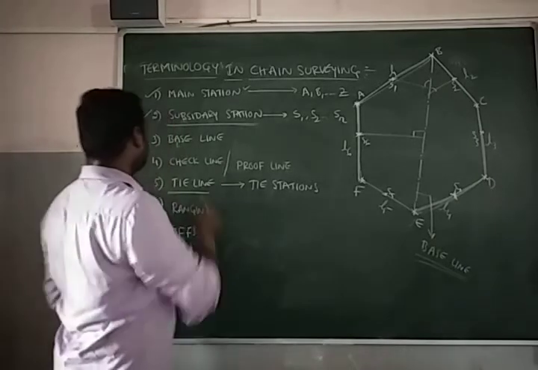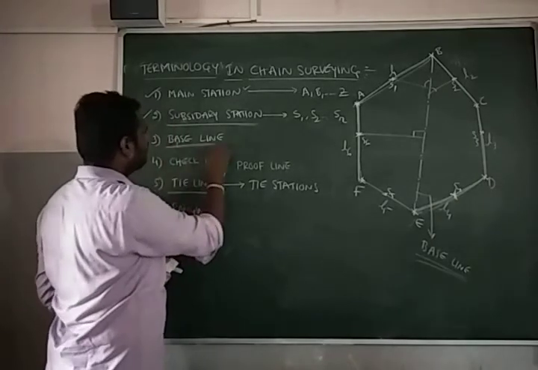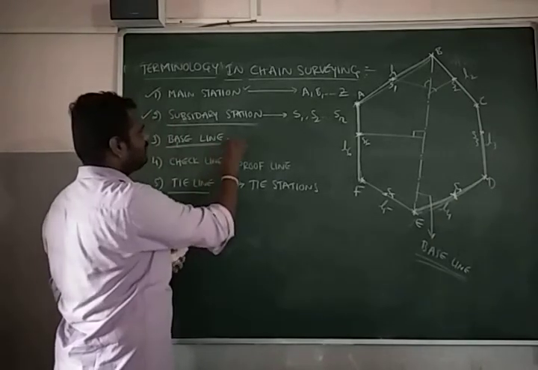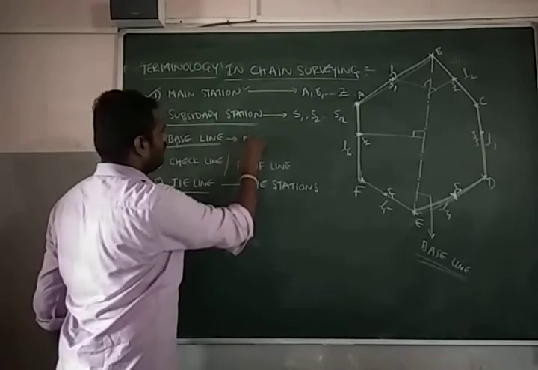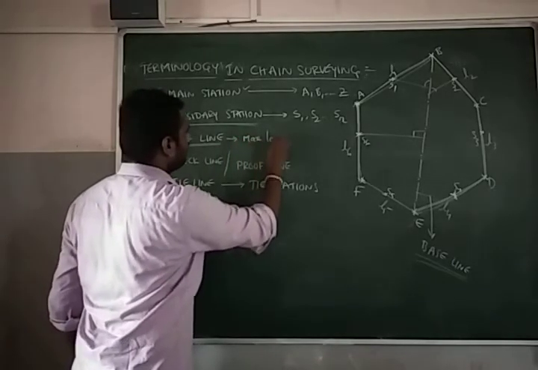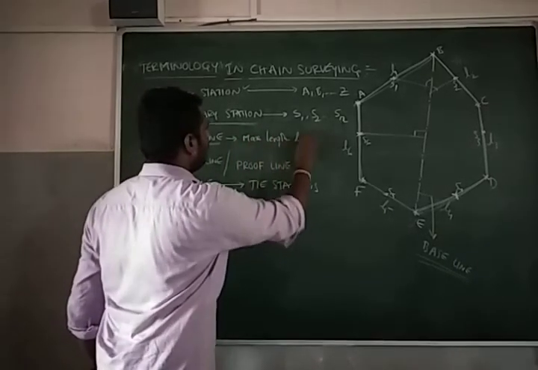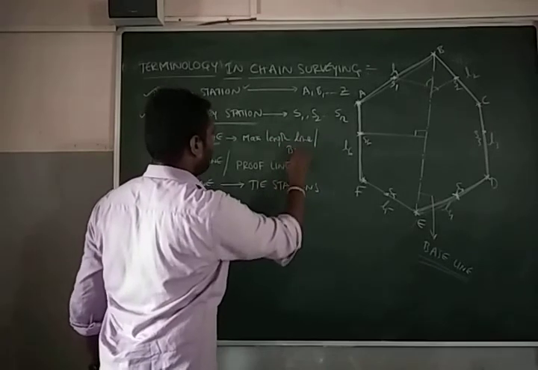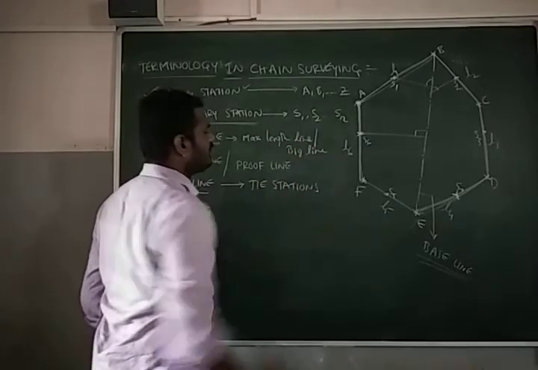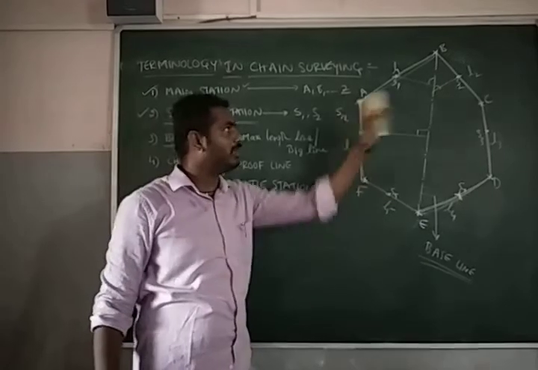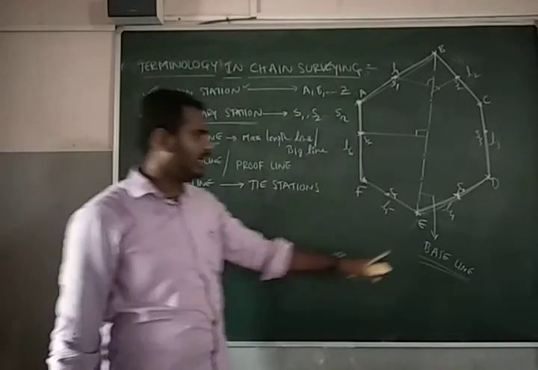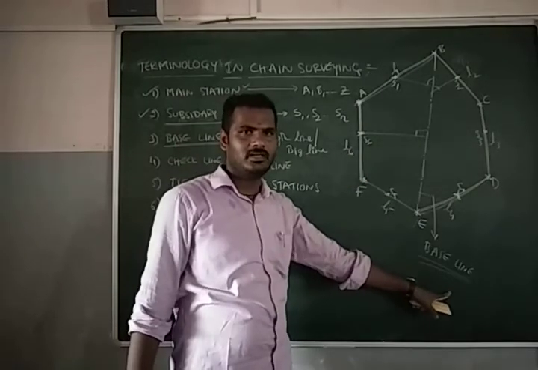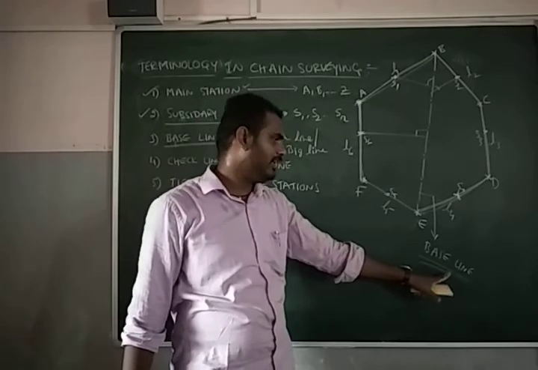Next we see baseline. Just now I have told you, the maximum length line, or a big line which connects any two major stations mutually, is known as baseline. This is really very important.